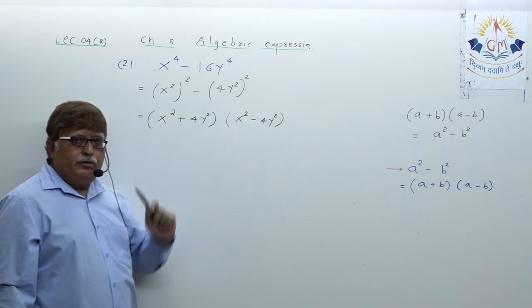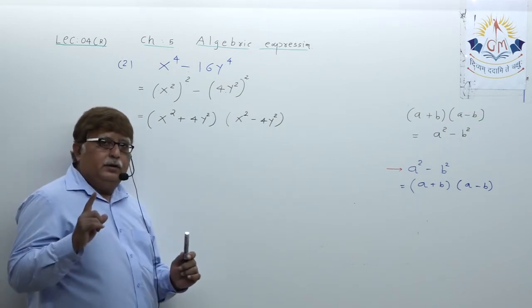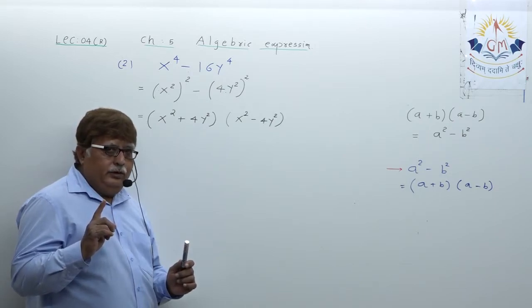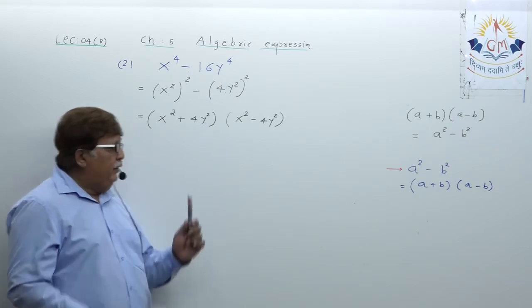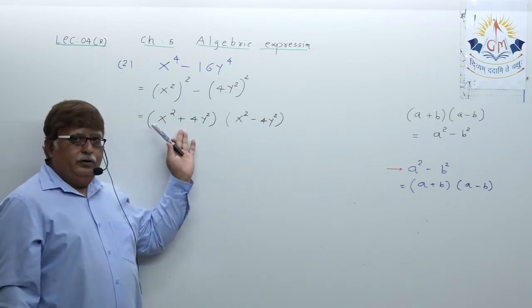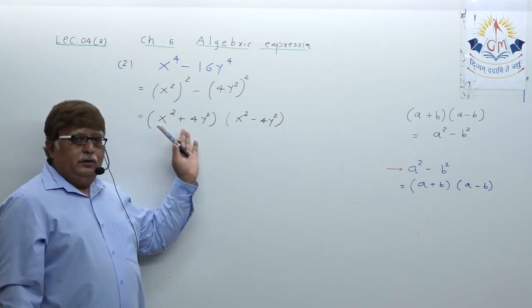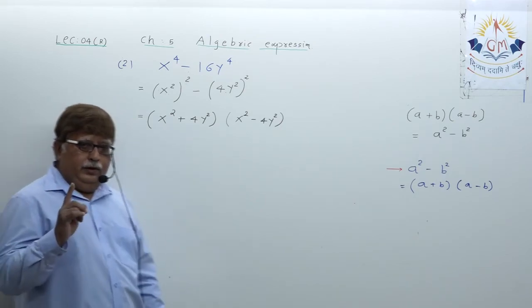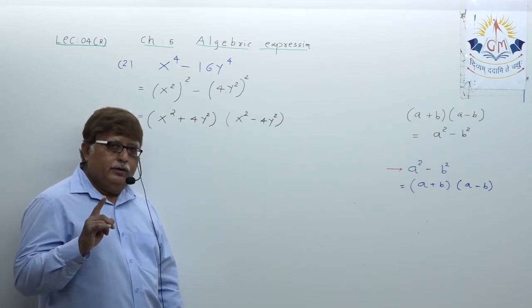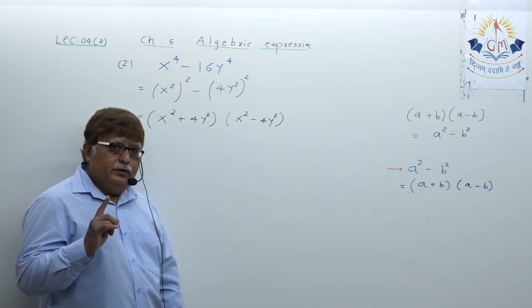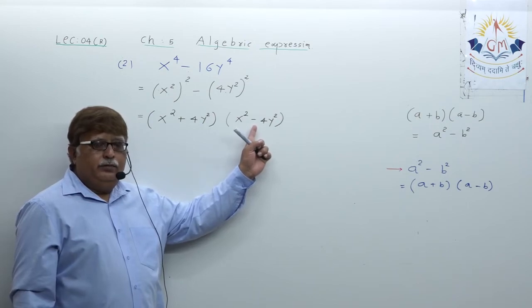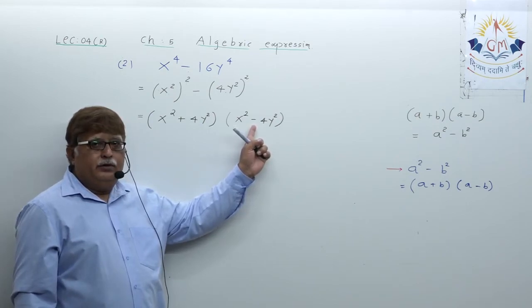Here also both are perfect squares. In between there must be a negative sign, here a positive sign. So this bracket cannot be further factorized, as there is no negative sign in between.